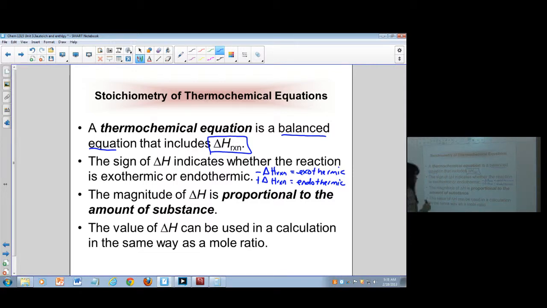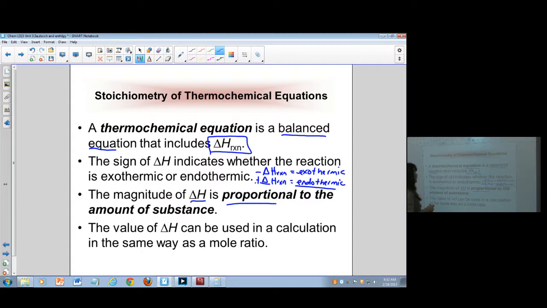And so this delta H, this value that you're given, is proportional to the amount of the substance. Most of these delta H's that you're going to be given are going to be related to the balanced equation. We know from the balanced equation how much heat is released or absorbed. Okay? And that delta H is proportional to the amount of the substance.